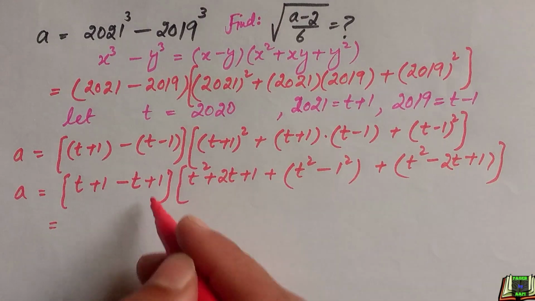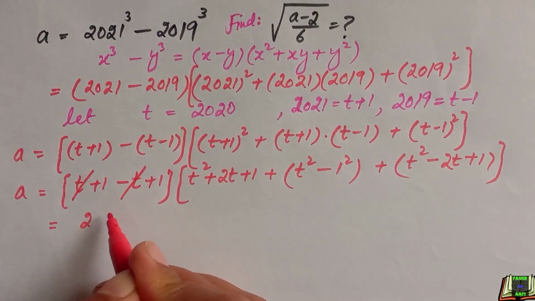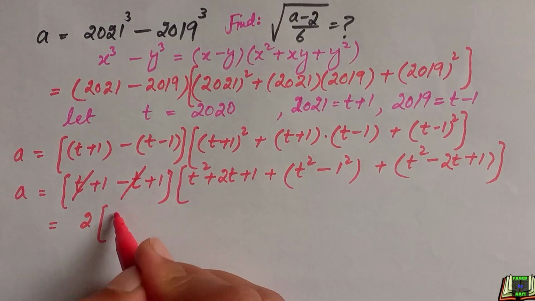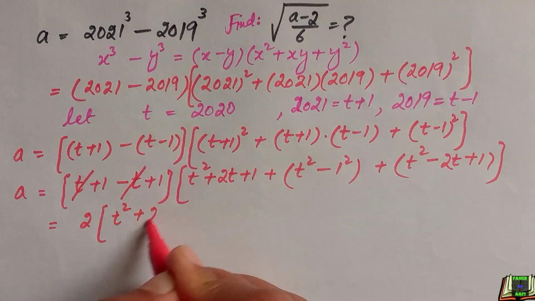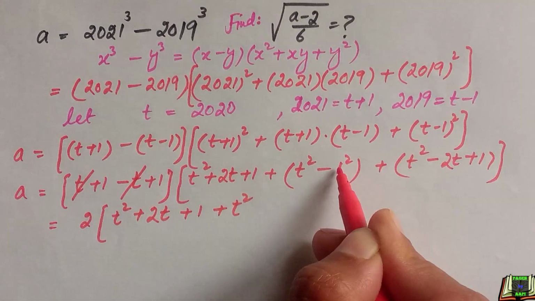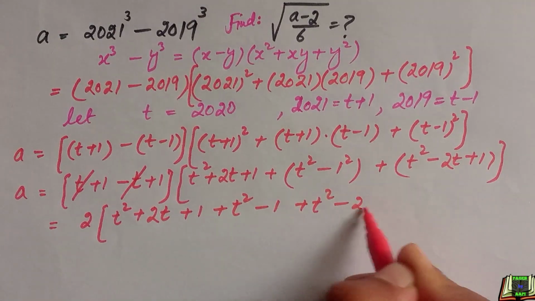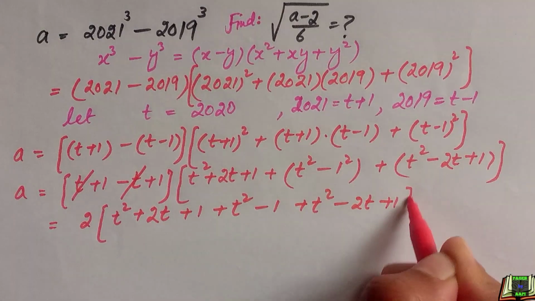We can see that this negative t and positive t cancel out. 1 and 1 is 2, times t square plus 2t plus 1 plus t square, and this 1 square is 1 again, plus t square minus 2t plus 1.